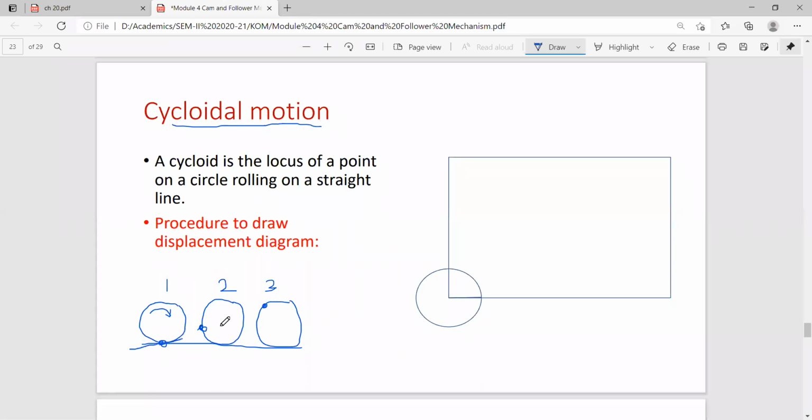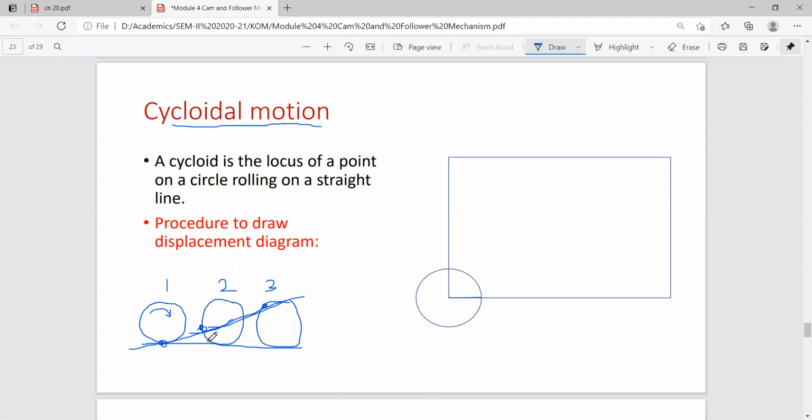And when you join these points with a smooth curve, then this particular curve which you have generated is known as cycloid. So we are giving such cycloidal motion to the follower, meaning the follower displacement from the straight line will be proportional to this motion.